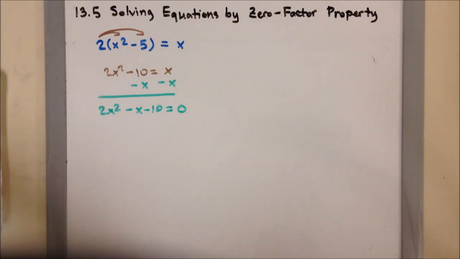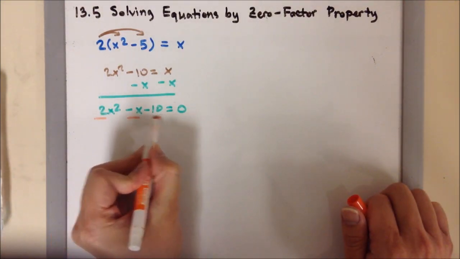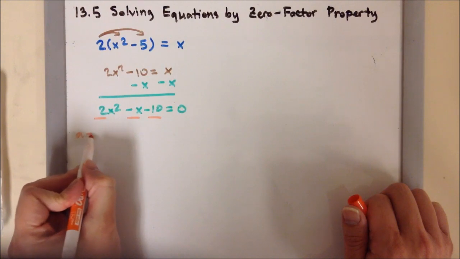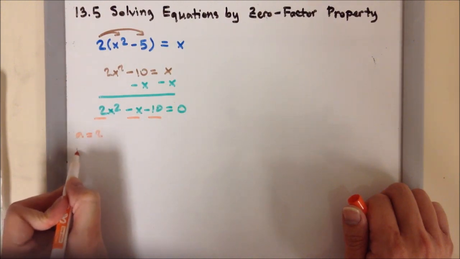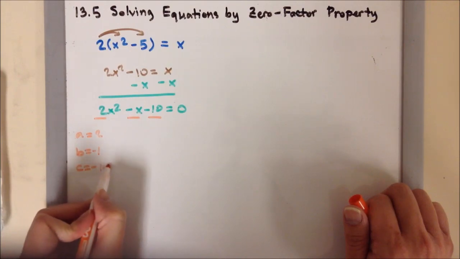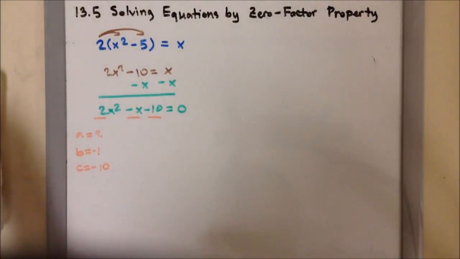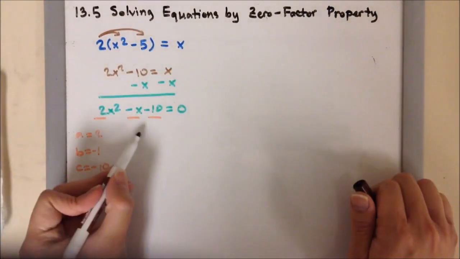So once I get the whole equation equal to 0, I can start factoring. So A is 2, B is negative 1, and then C is negative 10. So once I identify A, B, C, I'm just going to start factoring the usual way.